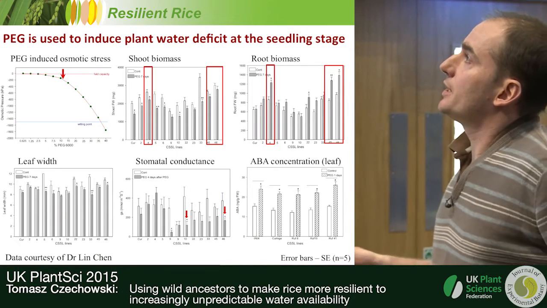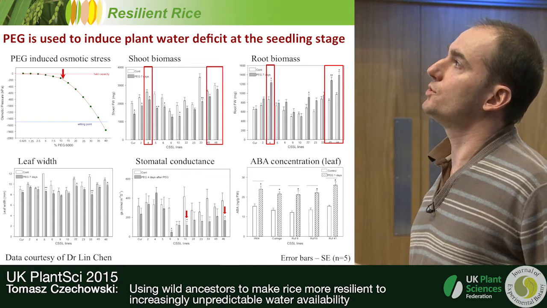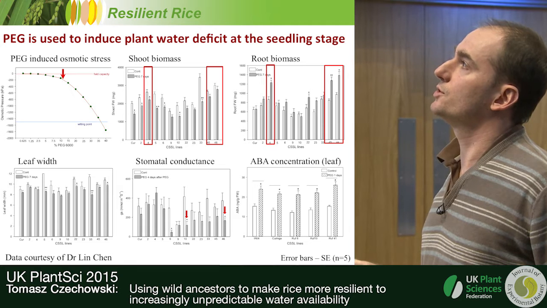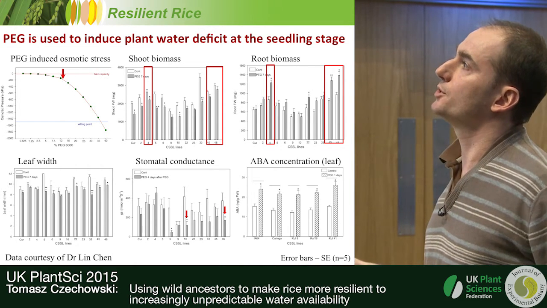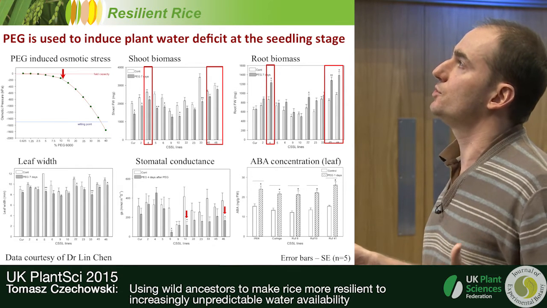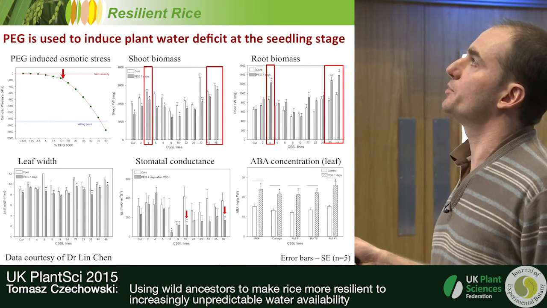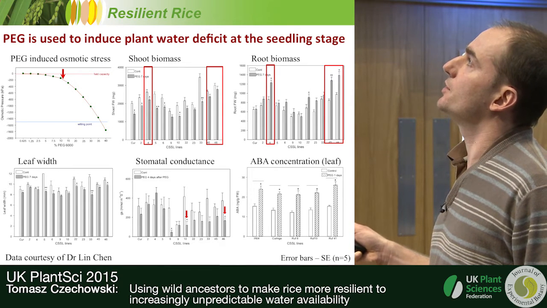What we do in the lab, we grow plants hydroponically, and we use PEG to induce osmotic stress at the seedling stage. We try to operate at quite low concentrations of PEG to be similar in the range of the osmotic pressure to the field condition. PEG results in typical responses of osmotic stress, like decreased shoot biomass and increased roots.